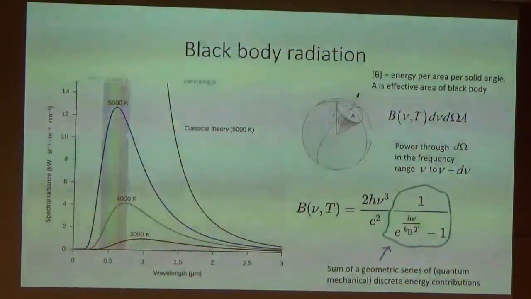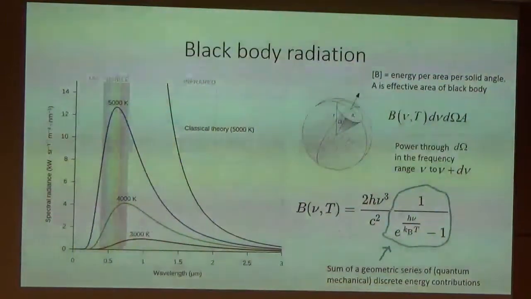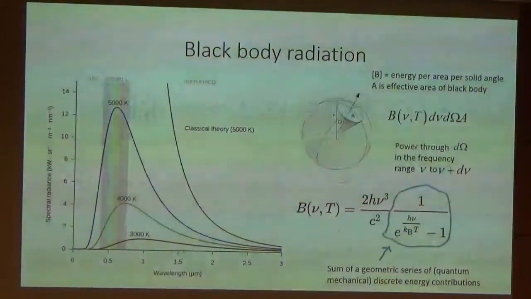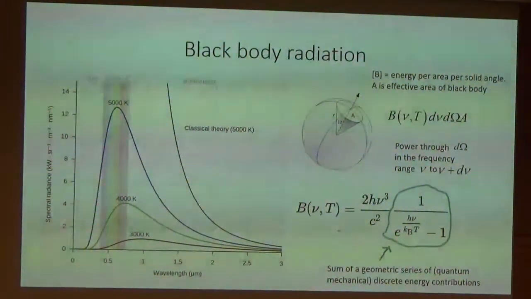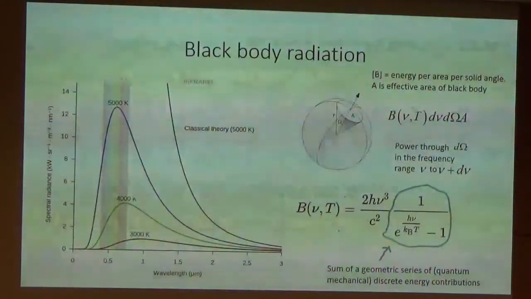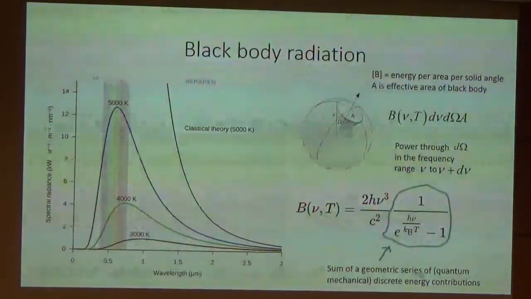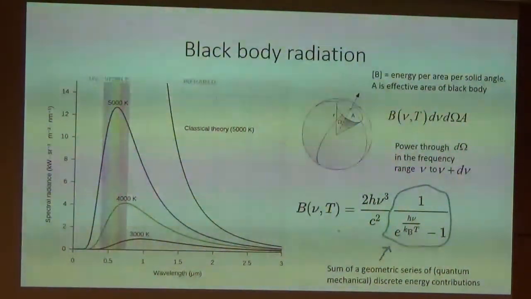Typically it's the sum of a geometric series, where each term is the discrete contribution of energy, and he arrived at that formula, which fitted exactly to observations. But he didn't really realize the quantum nature of things until Einstein came 5 years later and said that light comes in packages, photons, at least in some connections.